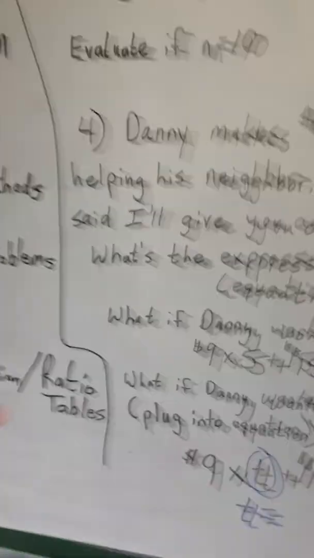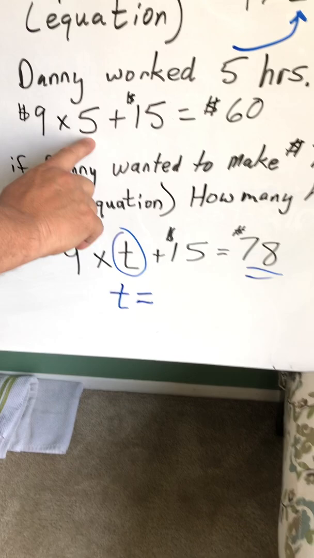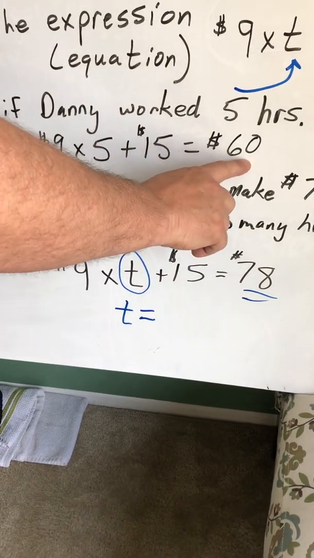Dr. Couture's class, I know I taught you some algebra, so this is a good time for you to try your algebra skills. Remember those pages I gave you in algebra. The rest of the 4th grade, I think the best way to do this is really just to guess and check. But remember, 5 hours gave us $60.